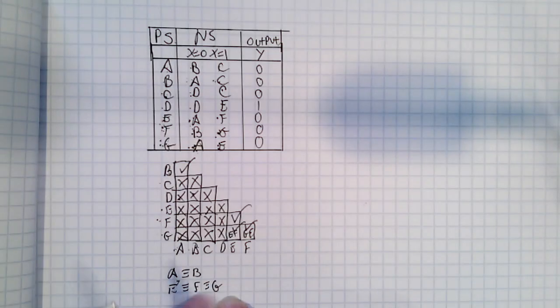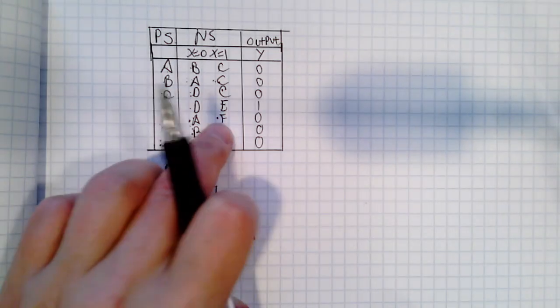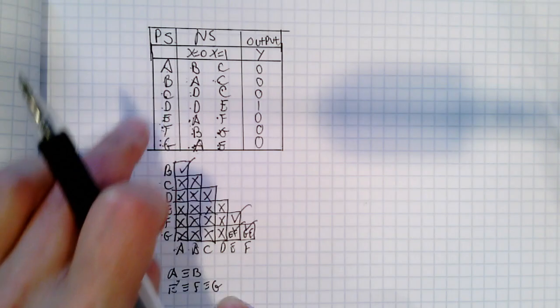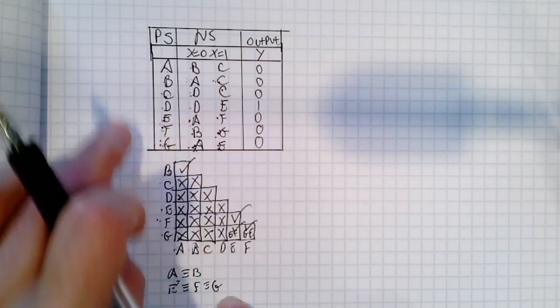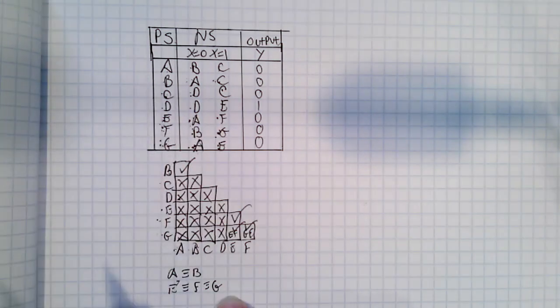Everywhere you see F and G, you write E. So that becomes E. That becomes E. I think I did that already. Oh, here. That becomes E. And that's it. So you got rid of 3 rows. And that's how the implicant chart works.